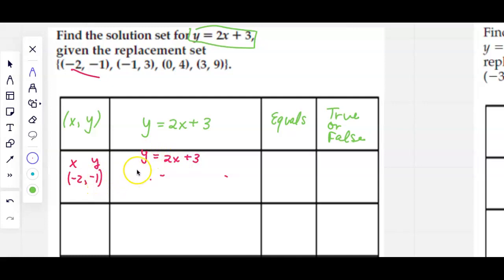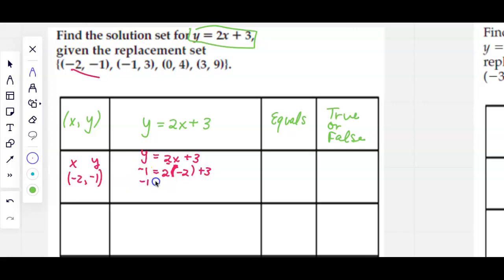So y here is -1. And now y is -1 equals 2 times x, because they're side by side. So 2x means 2 times x. So 2 times x is -2, plus 3.